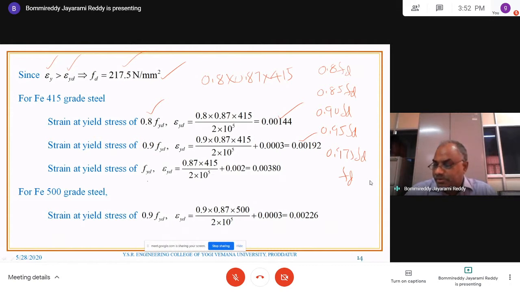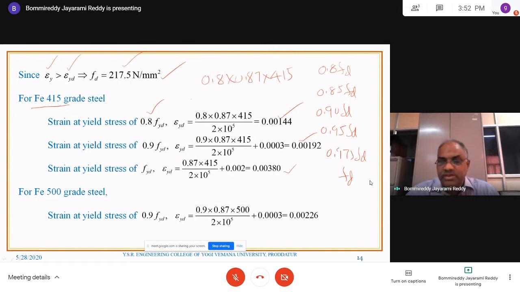Similarly, corresponding to Fyd, the value is 0.00380. Sometimes the calculation of any value may be important in the examination, or for understanding this. In particular for Fe415, you cannot always take the stress as 415 Newton per mm square.